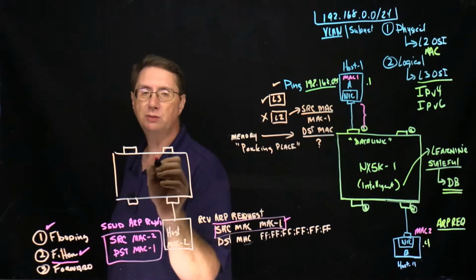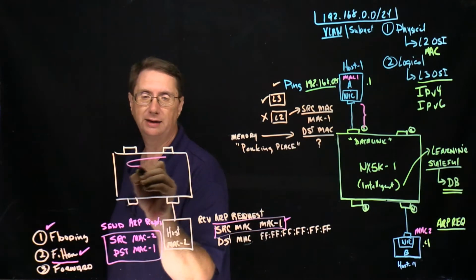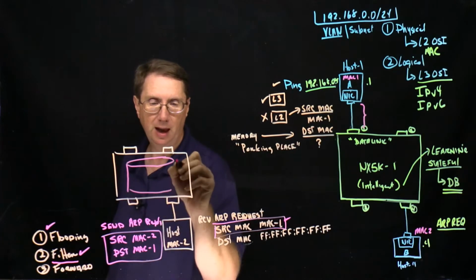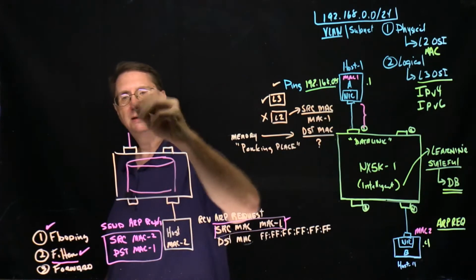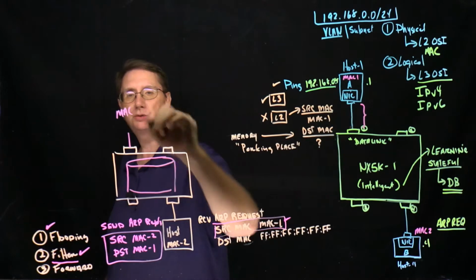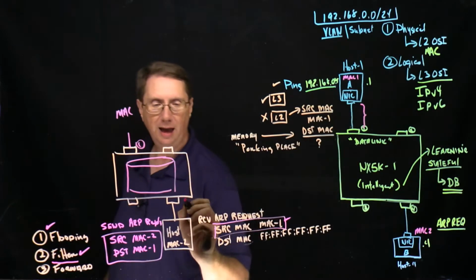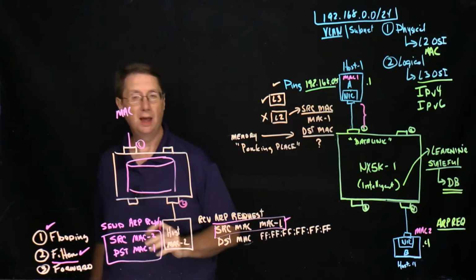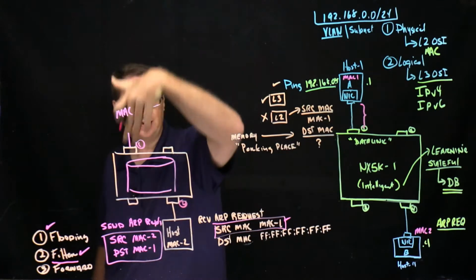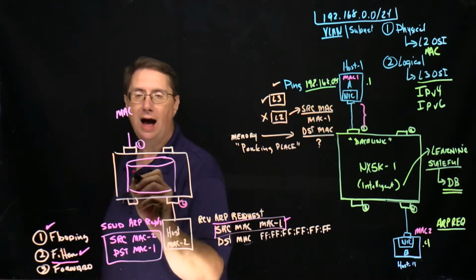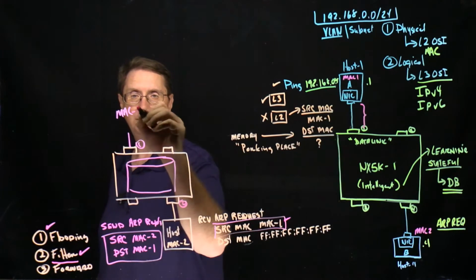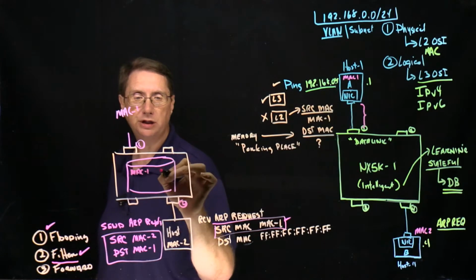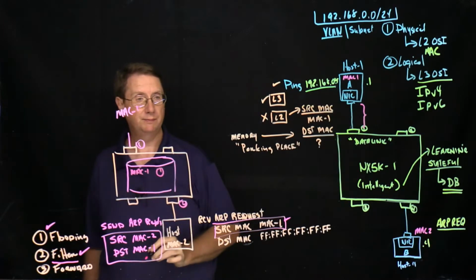So as you can see, I now have everything that I need to be able to build this layer 2 frame in this switch. And it's also important to understand that I still have that database that we were talking about. In that database, MAC1 was reachable out of interface 1, and MAC2 was reachable out of interface 4. And as the ARP request came in, I placed an entry that said MAC1 is reachable out of interface 1.